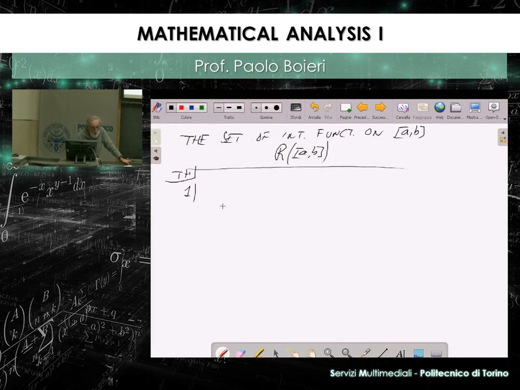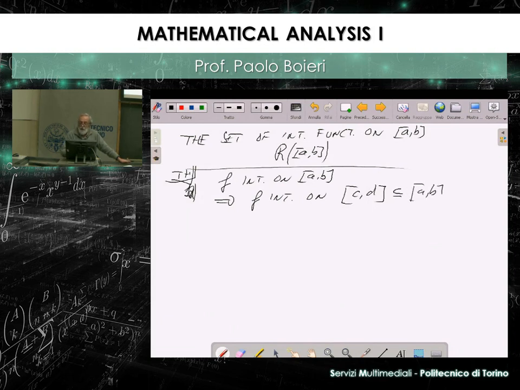First theorem: suppose that f is integrable on an interval AB. Then I can say that f is integrable on all closed intervals CD that I can choose, included in AB.